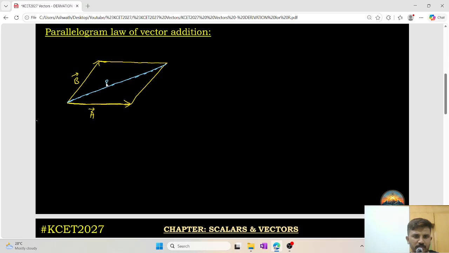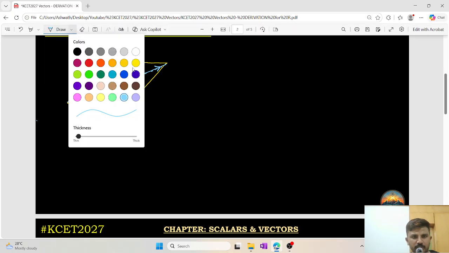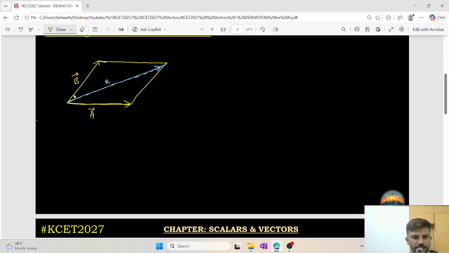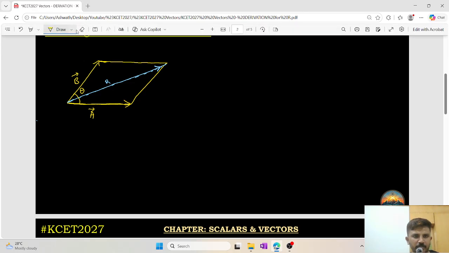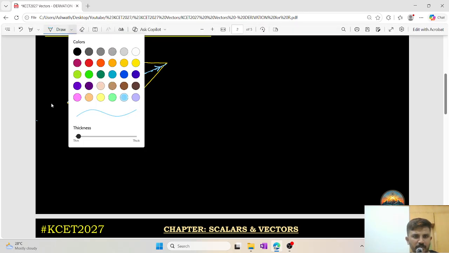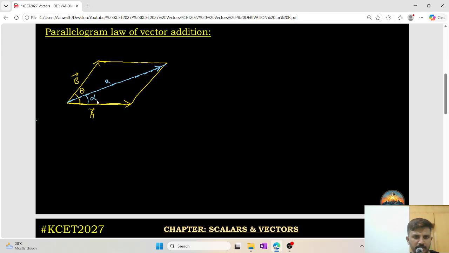This is the resultant and the direction is from the tails to this side. So let us consider the angle made by the two vectors is theta, and the angle made by the resultant vector with A is alpha. I'll find a relation for both of these.